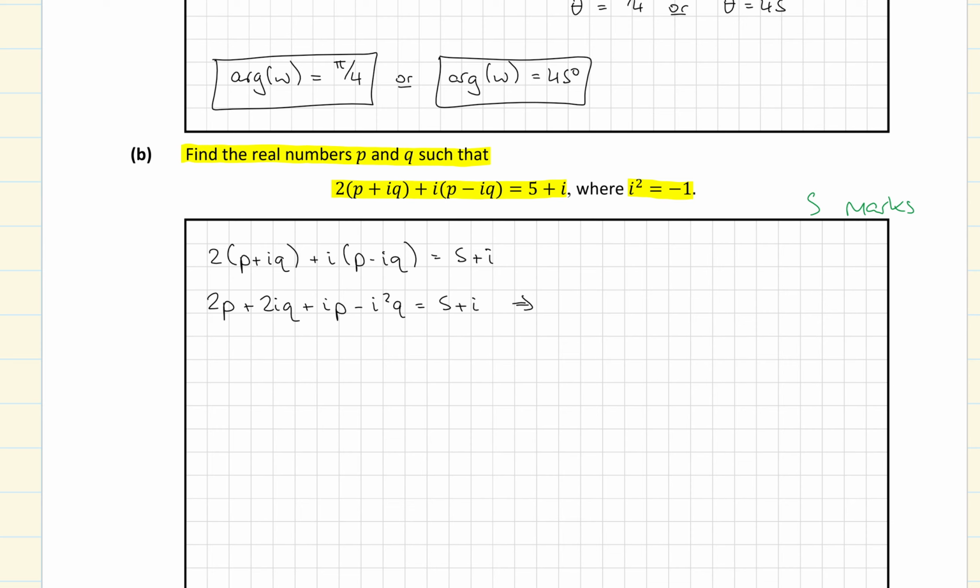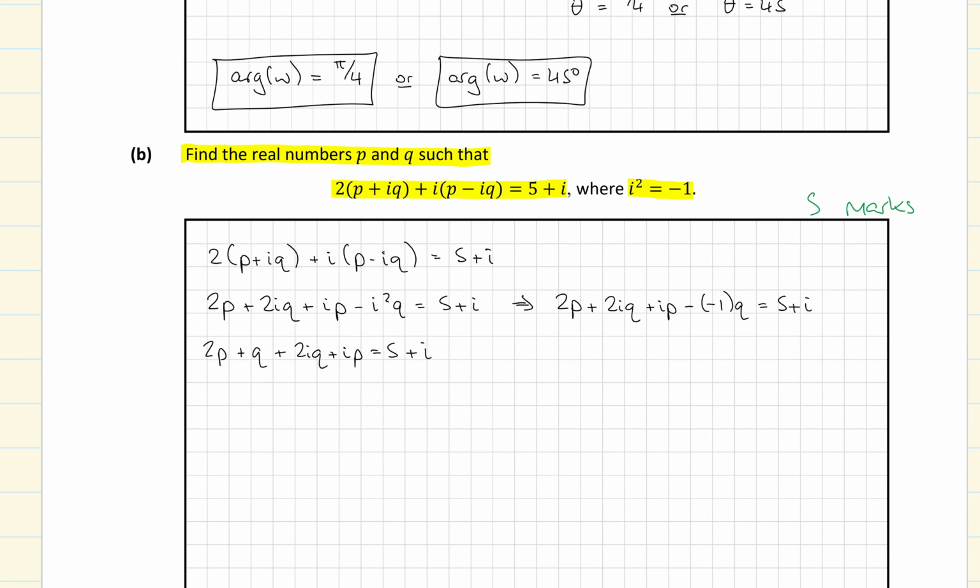Tidy up the left hand side. I see an i squared here. I'll substitute that for minus 1. Okay, so I have 2p minus 1 will give me plus q. I'm going to move that here. And then I get plus 2iq plus ip equals 5 plus i.